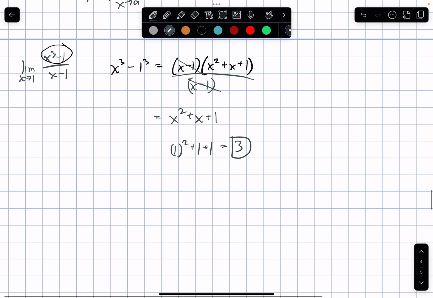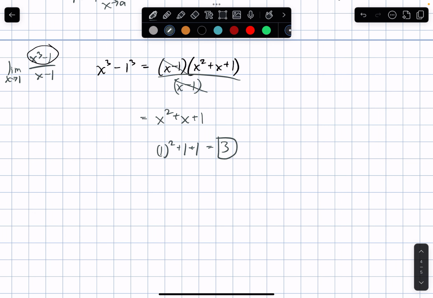Let me spoil something. Another way of solving this is by L'Hopital's rule, although I'm going to formally teach that in another video. Let me show you. One principle in L'Hopital's rule is that you want to express the function first as f of x over g of x.